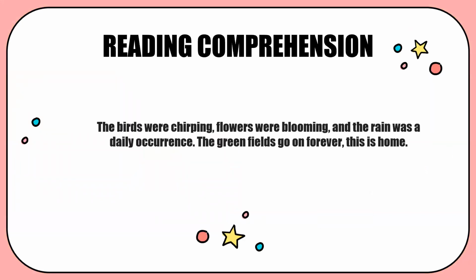Now let us refer to a reading comprehension. This is what the writer has written: The birds were chirping, flowers were blooming, and the rain was a daily occurrence. The green fields go on forever. This is home. Now, here I would say that from my background information and the description and the words that are used by the writer, I can say that the writer is referring to the spring season.